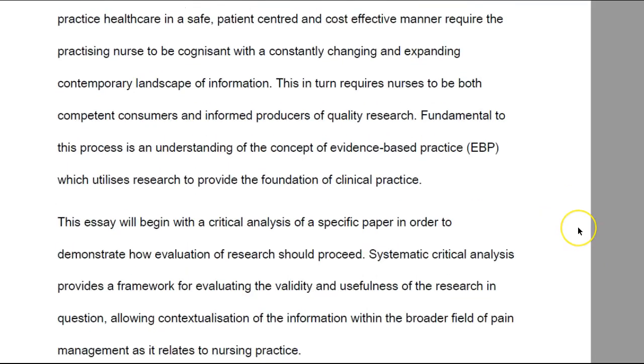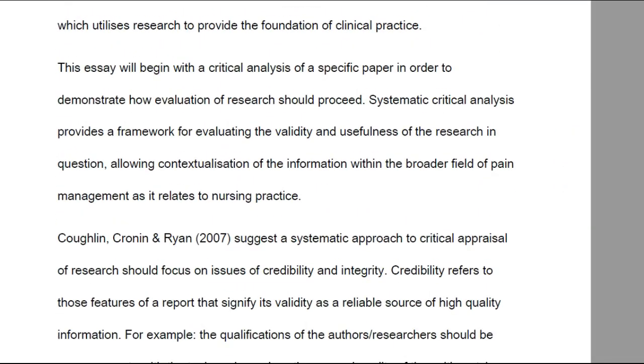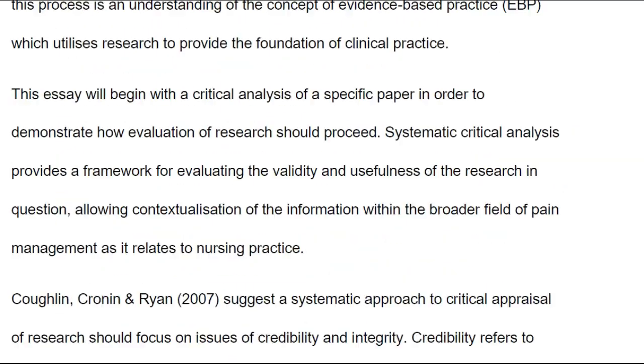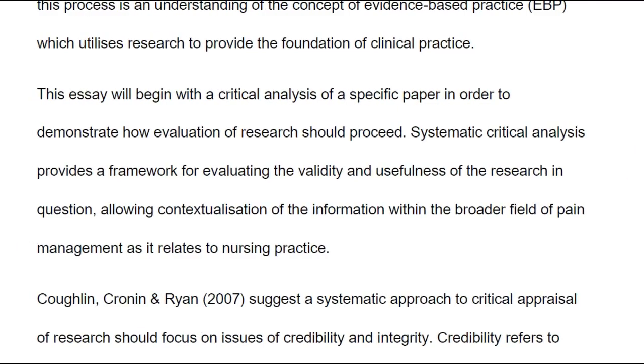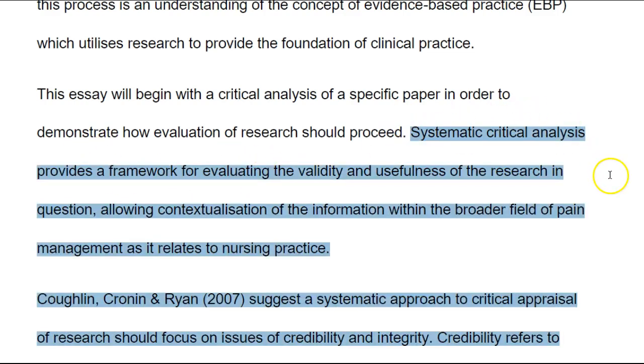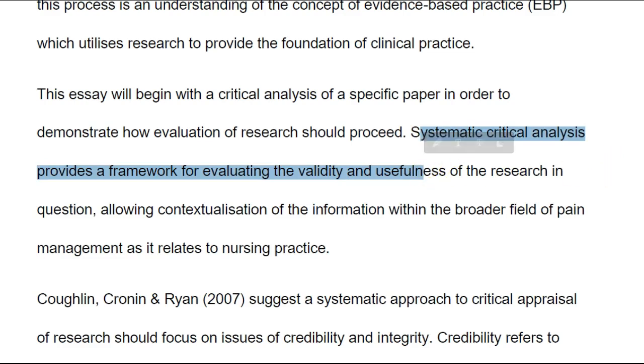Now this one here, this is quite a nice paper too, so let's have a look at this. I wonder if we can get it a bit bigger. There we go. So begin with a critical analysis of specific paper in order to demonstrate how evaluation of research should proceed. It provides, a systematic critical analysis provides a framework for evaluating validity and usefulness of the research, allowing for contextualization of the information within a broader field of pain management as it relates to nursing practice.